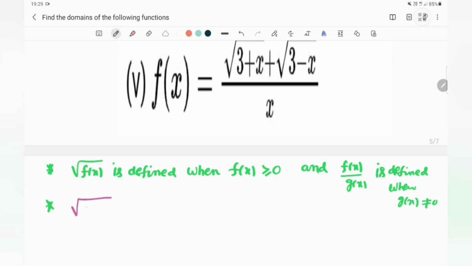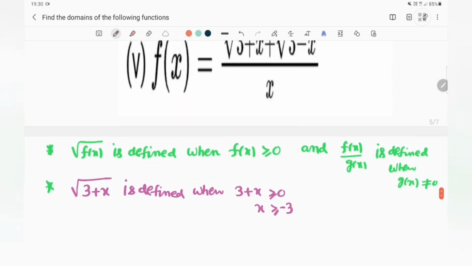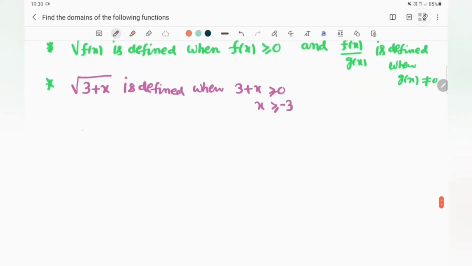A root 3 plus x is defined when 3 plus x is greater than or equal to 0. That means x is greater than or equal to minus 3. Similarly, 3 minus x root, that also we will write it.